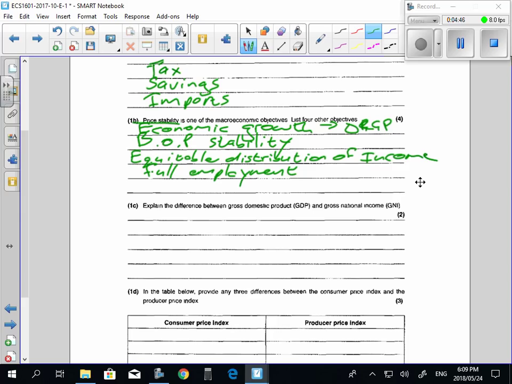Explain the difference between gross domestic product and gross national income. Okay. So when we look at GDP, it's obviously called gross domestic product. Okay.